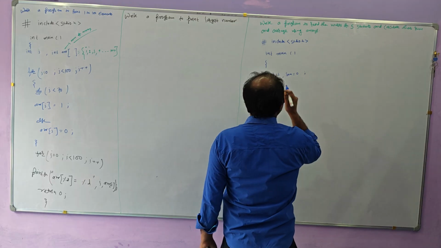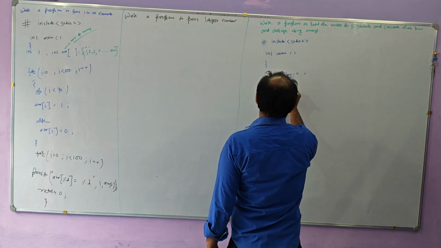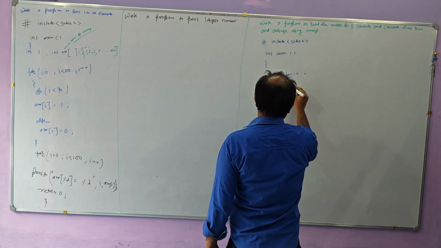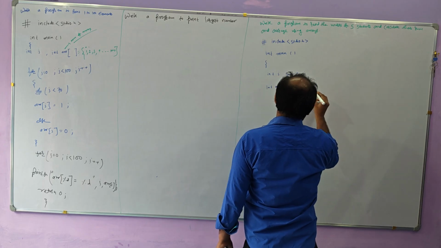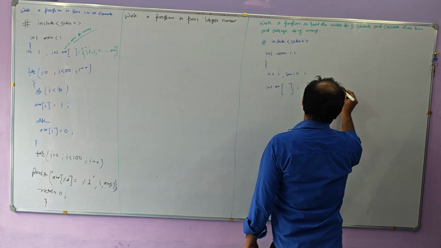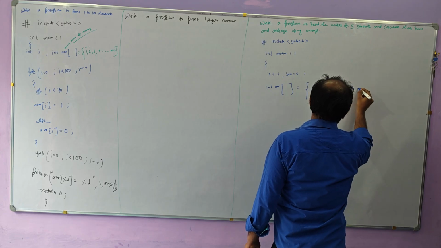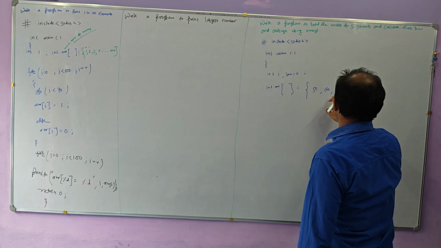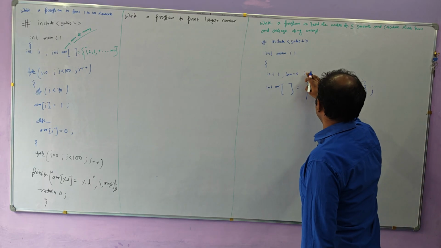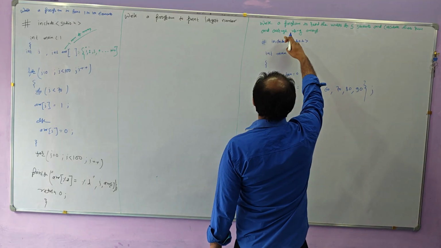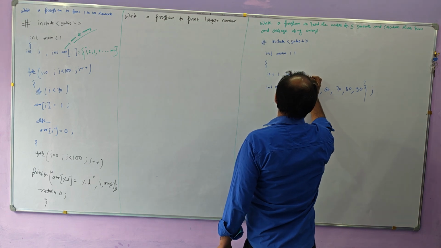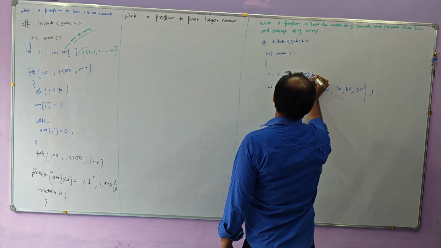Then we take an int array, and we have some values like 50, 60, 70, 80, 90. We have 5 values. And we have another variable, average, so we need to also mention average.